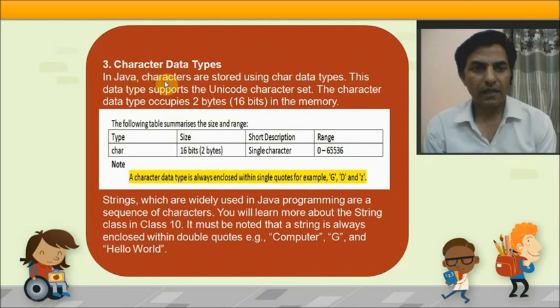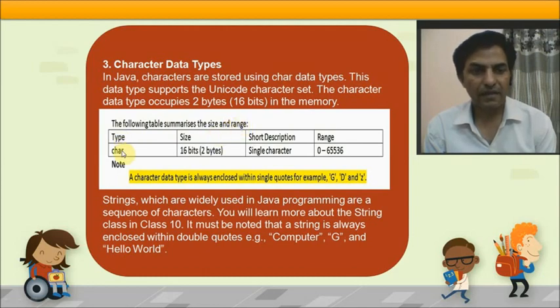In Java, characters are stored using the char data type. This data type supports the Unicode character set. The character type occupies 2 bytes, that is 16 bits in memory. The following table summarizes the size and the range.